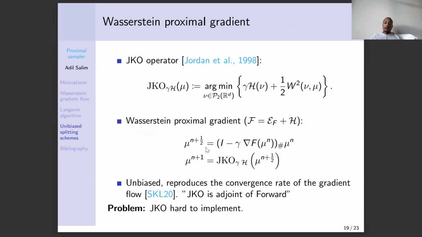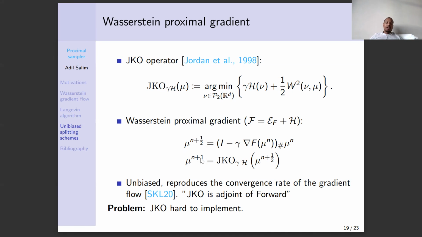If you are familiar with the proximal gradient algorithm in optimization, you can use this perspective to use an analog of the proximal gradient algorithm over the Wasserstein space, and this gives you an algorithm which I call the Wasserstein proximal gradient algorithm, where we use this. This is called the JKO operator, which corresponds to the proximity operator, the analog of the proximity operator over R^d.